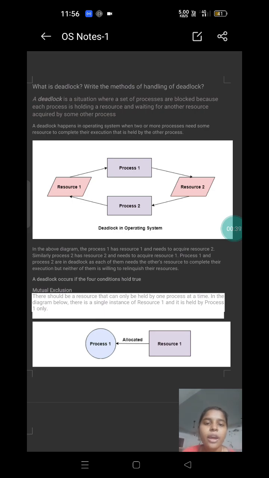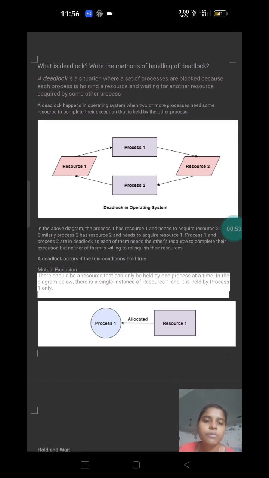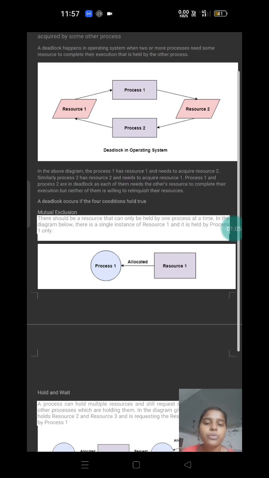A deadlock happens in operating system when two or more processes need some resource to complete their execution that is held by the other process. Resource 1, process 1, resource 2, process 2. In the above diagram, process 1 has resource 1 and needs to acquire resource 2.